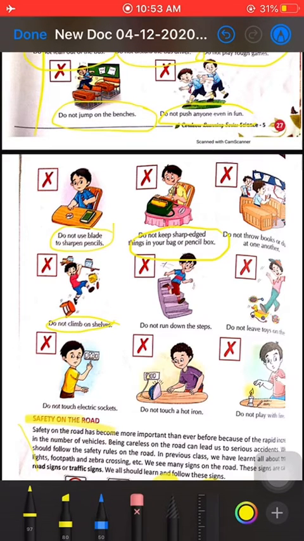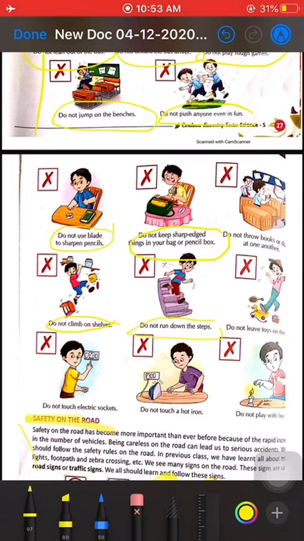We should of course not climb on shelves, because it can hurt us badly and we can get injured. Do not run down the steps. We should always come down the steps slowly, one by one.